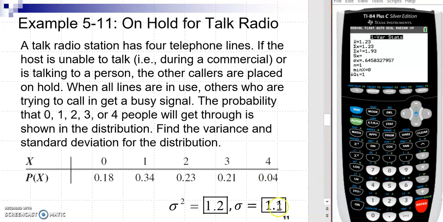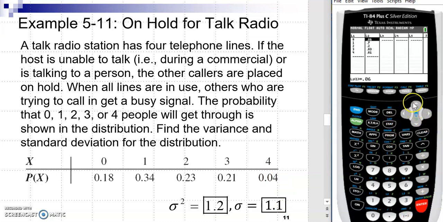Here's another example that we can do. So let me clear my list. So this time we've got a talk radio station that has 4 telephone lines.